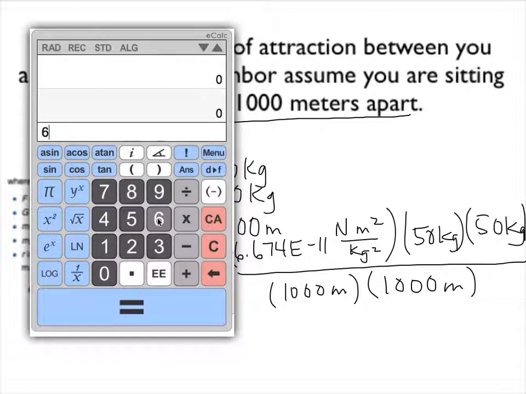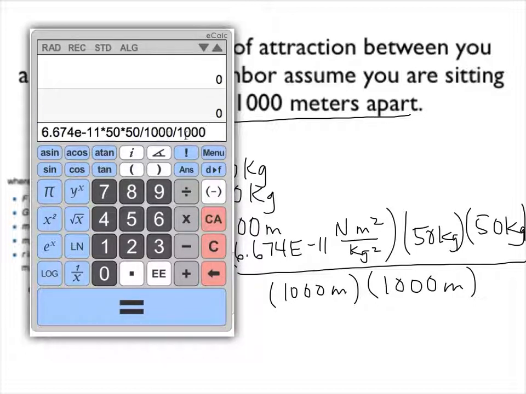So we take out our calculator and enter 6.674 EE negative 11 times 50 times 50 divided by 1,000 divided by 1,000. It is important to divide by both of those 1,000s in this case, unless you want to use parentheses here.